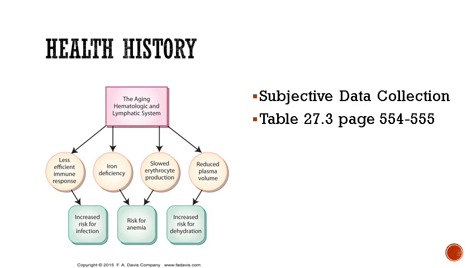We also have slowed erythrocyte production. Remember, erythropoietin is produced from the kidneys, which helps us create more red blood cells. As we get older, that's reduced, which increases our risk for anemia. And we have reduced plasma volume. Plasma is primarily water, and that increases our risk for dehydration. So just all things to think about as we're taking care of our older adult population.